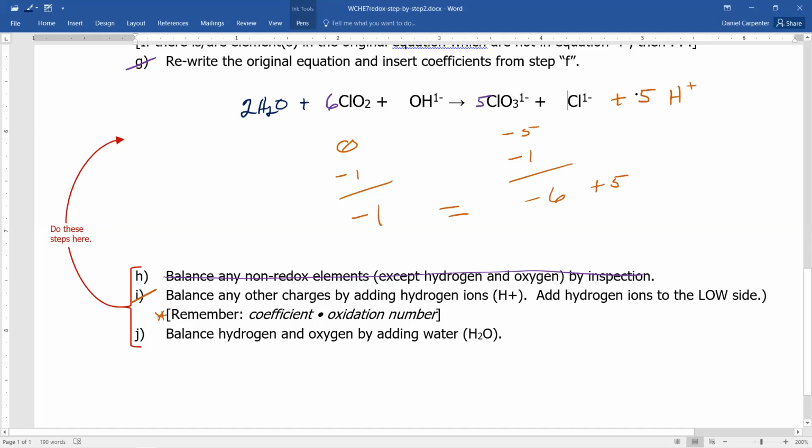Now I check the oxygens. And this one, we've got to pay attention on. We've got 2 times 1 is 2 oxygens right here. 6 times 2 is 12 oxygens right there.